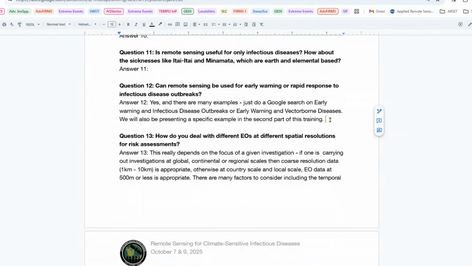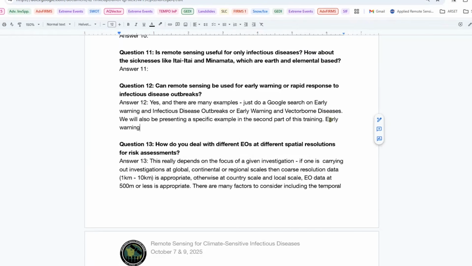So that is essentially the idea behind the early warning system that I introduced. The thing about why it would work, even though we're using current observations rather than weather forecasts 3 months in advance, is that there is a definite gap between the change in environmental conditions and the response of the vectors, right?